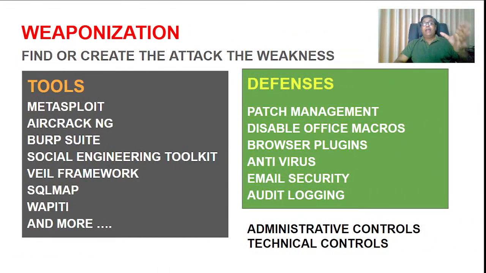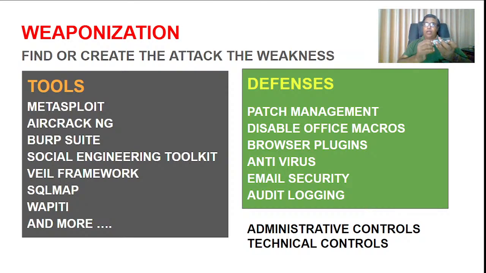Weaponization. Find or create the attack, the weakness. There are thousands of tools. Metasploit, Aircrack-ng. Somebody comes to your network or your premises with a small Raspberry Pi, a 1 GB RAM computer, and he can control this with his mobile phone.